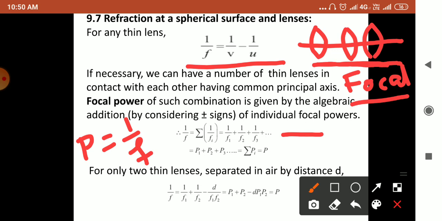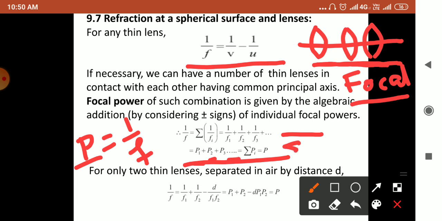So this focal power is given by the equation 1 upon f is equal to summation 1 upon fi, which is equal to 1 upon f1 plus 1 upon f2 plus 1 upon f3 and so on. So this 1 upon f1 becomes P1, P2, P3 like this.